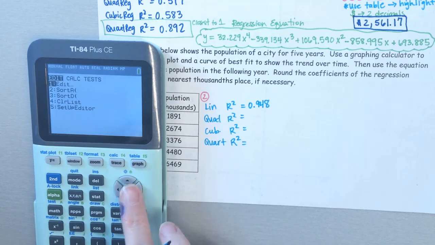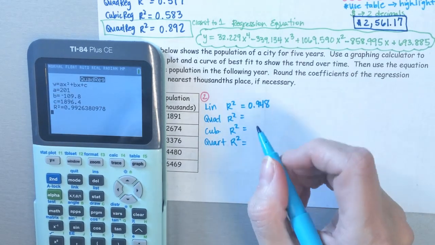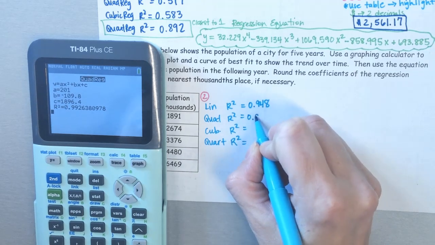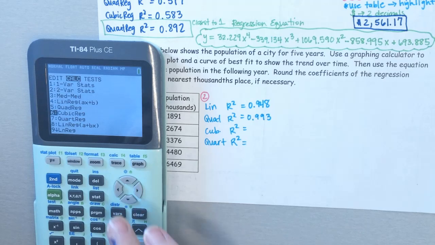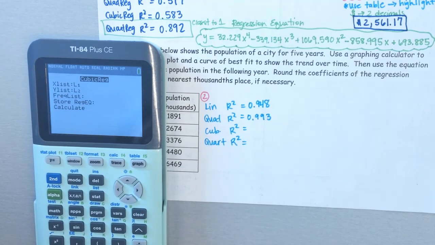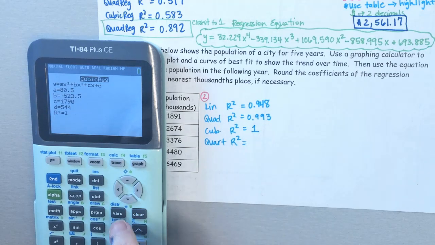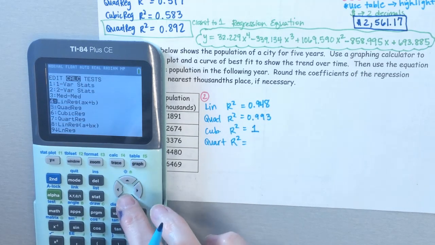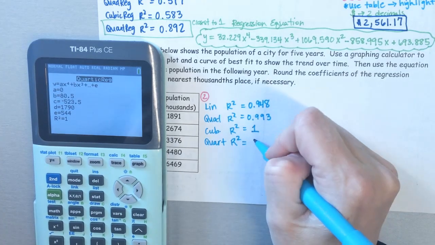So we did the linreg, now we'll do the quadreg. We got 0.993 rounded to the nearest thousandth. What did you guys get for your cubic regression? 1. Remember, that is the strongest value that you can have. And then the quartreg is also 1.